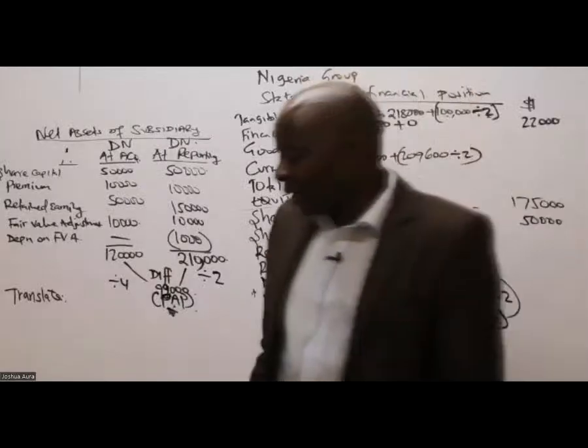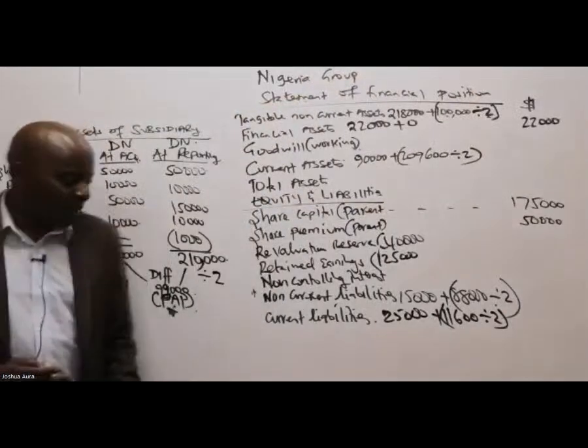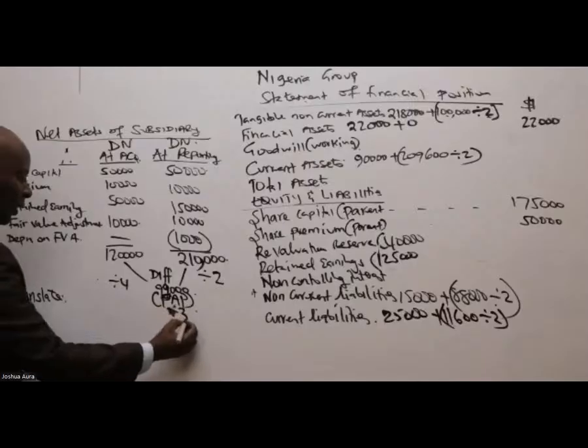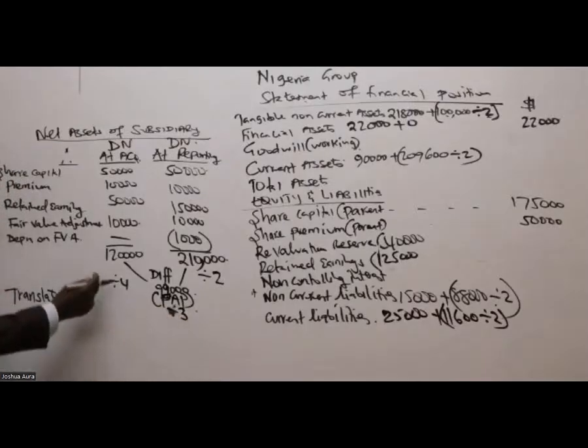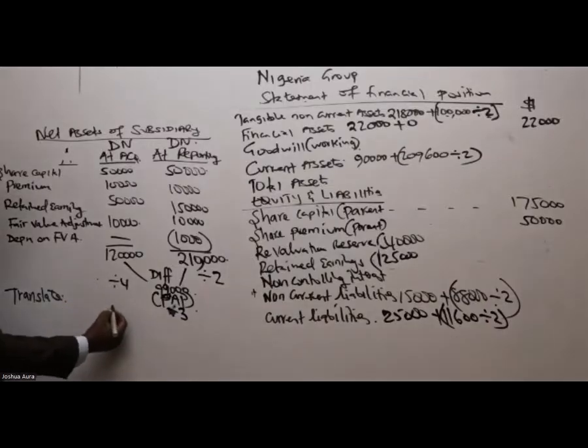Could you kindly give me these translated figures? Give me the net assets at acquisition, how much I write here. I want to write the translated figures here, translated using different rates. Now I'm talking of dollars.